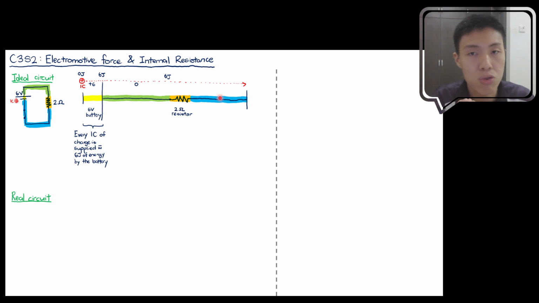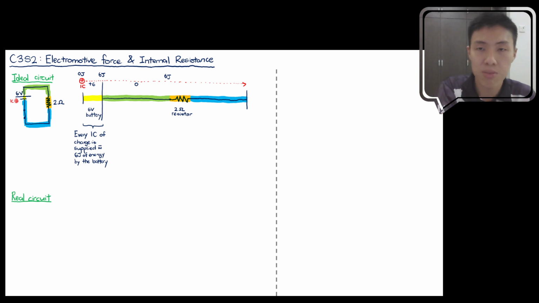And if we look through this circuit, there's only one component available in the external circuit outside the battery. So all energy that is being given by the battery over here will have to be fully given to the resistor, because there's no other component that can receive energy anymore. So that total 6 joule energy that is brought by the 1 coulomb charge must all be given to this 2 ohm resistor.